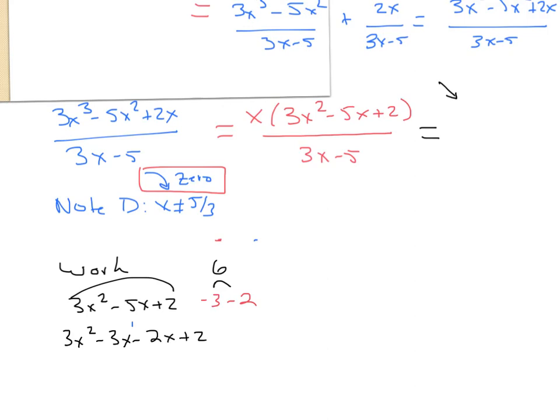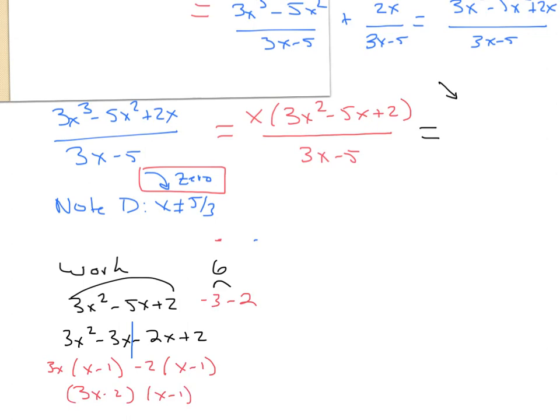And then I group them by creating an even amount on the left side and the right side, and I pull out the greatest common factor. So on the left side would be 3x, and that leaves me with an x minus 1. Do the same. I pull out a 2, and that would leave me with x minus 1. And then I factor out an x minus 1, and this leaves me with my two factors.